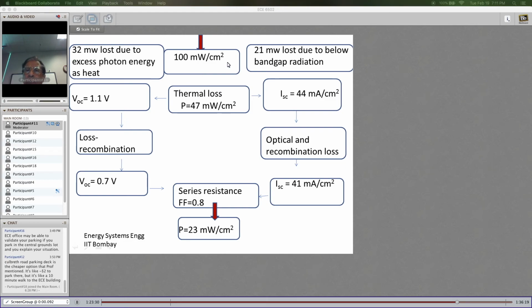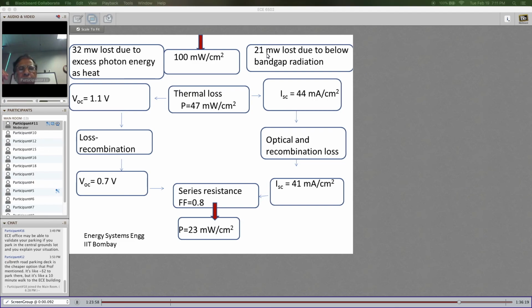Out of 100 milliwatt per centimeter square, for silicon, 21 milliwatt is lost because it just transmits through the solar cell. Its wavelength is more than the band gap. That wavelength does not get absorbed, so it gets transmitted. So right there we lost 21 milliwatt out of 100.